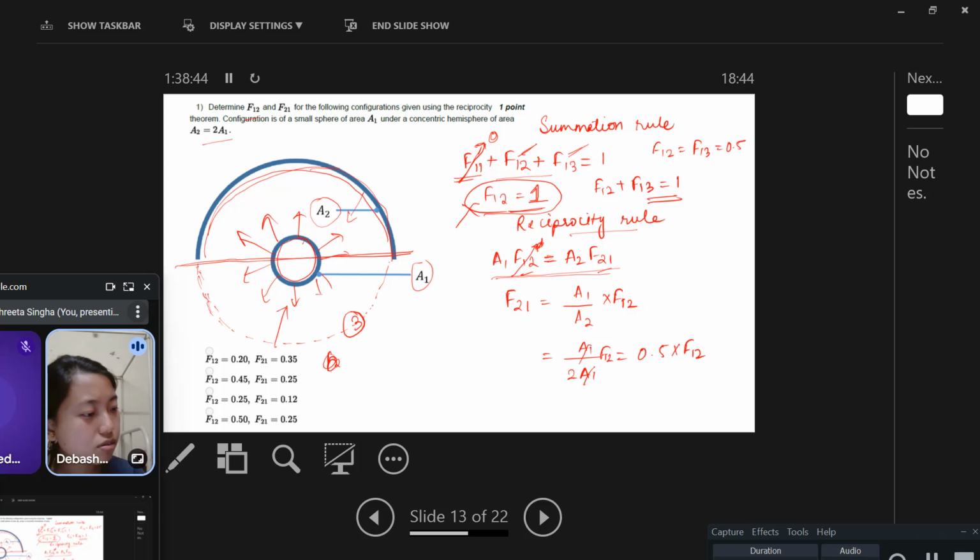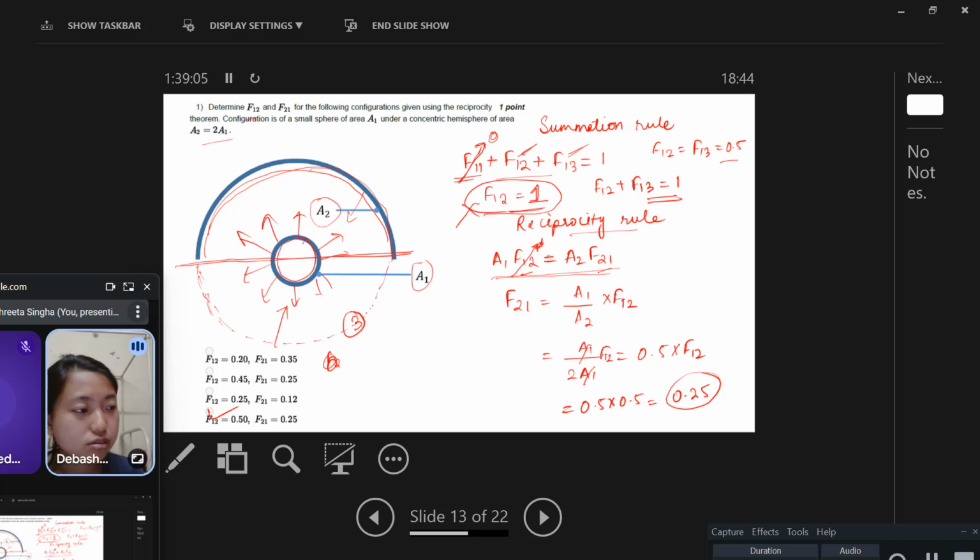Anyways, here 0.5 into 0.5, if we do, then it becomes 0.25. This is F21. So 0.5 and 0.25. This should be the answer.